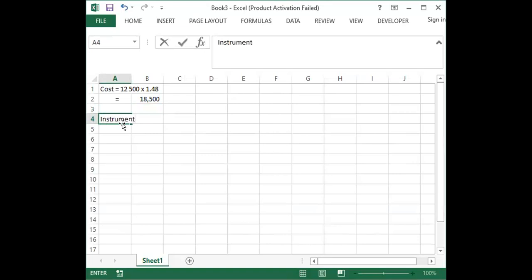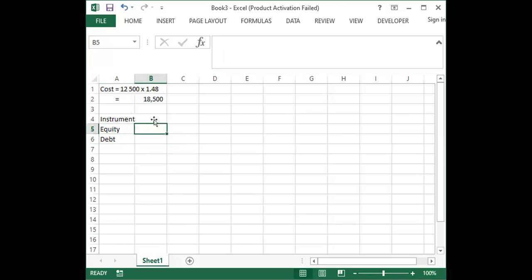All right, instruments there, which could either be an equity instrument or a debt instrument. That is what we want to do. We want to decide between those two there. And then we want to look at our current structure there.